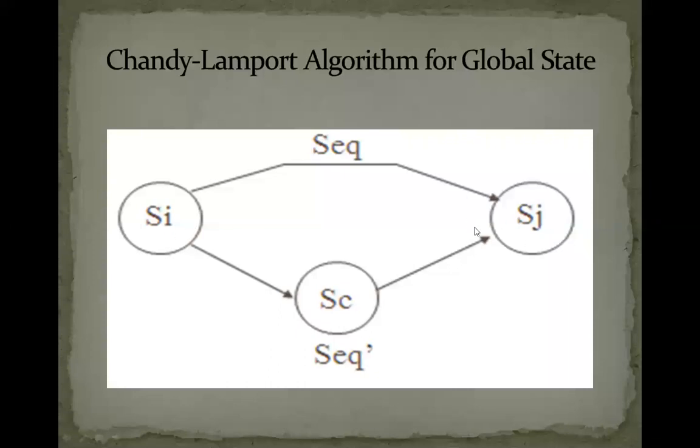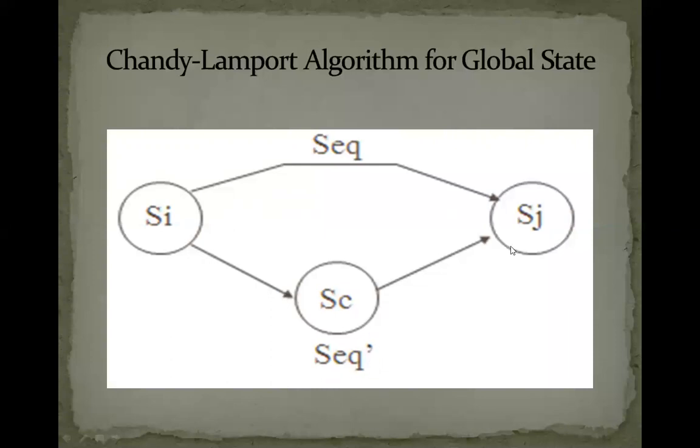So there exists a sequence SEQ dash, a permutation of SEQ, such that SC can be reached from SI by executing a prefix of SEQ dash, and SJ can be reached from SC by executing the rest of the actions of SEQ dash.